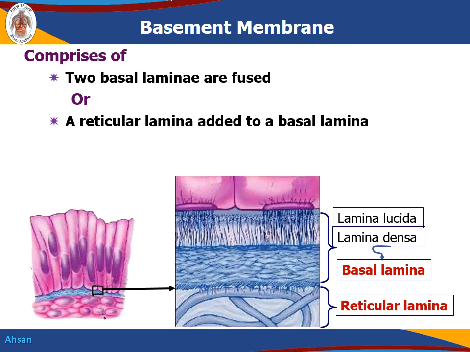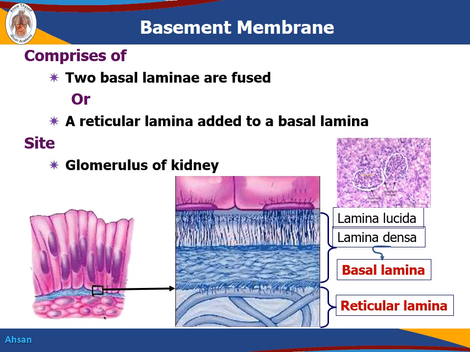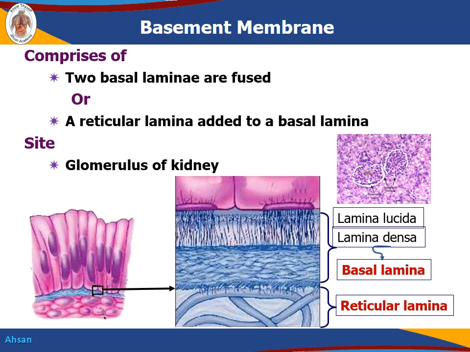So the basement membrane comprises two layers of basal lamella, or a basal lamella along with the reticular lamella. This is observed in the glomerulus of the kidney. You can see this rounded structure is the glomerulus and Bowman's capsule is the outer part that has a white line. Epithelium is outside that and this is showing the basement membrane.